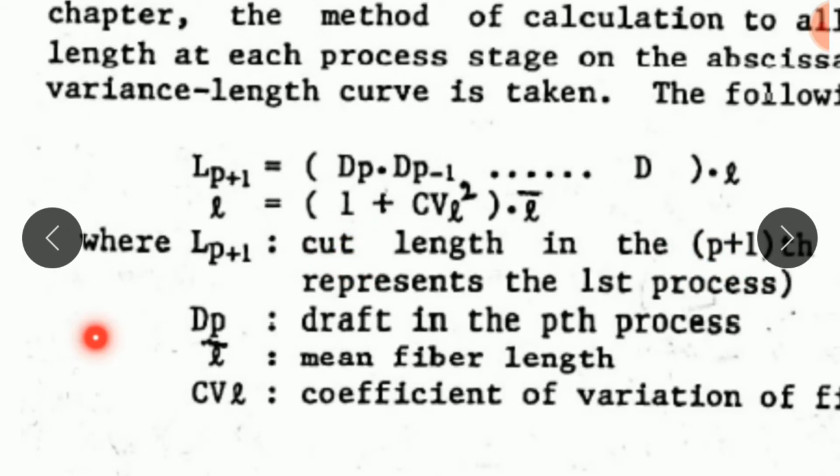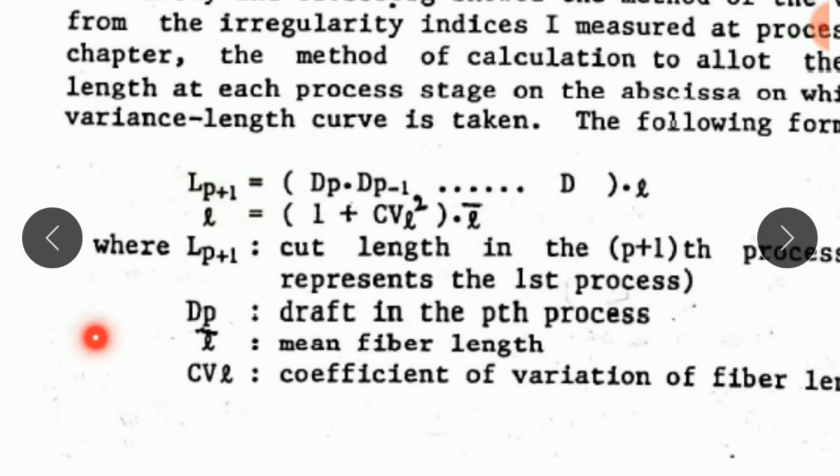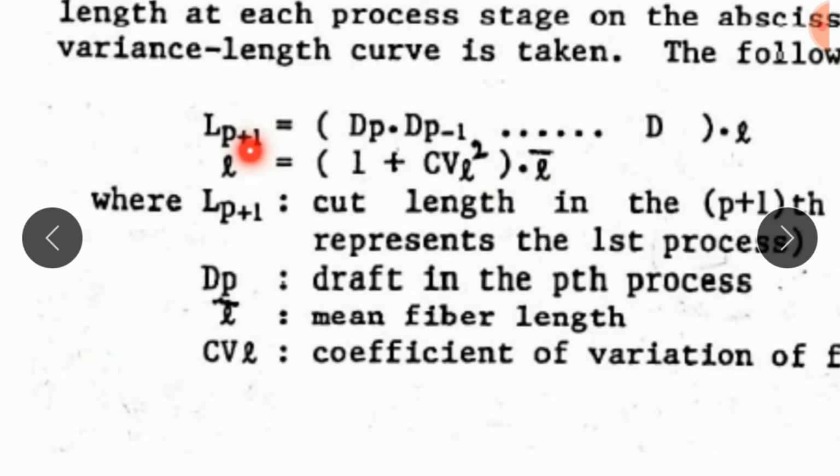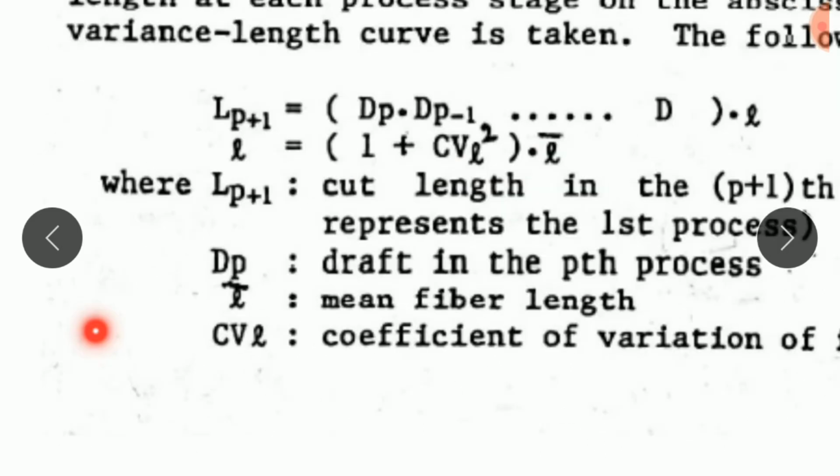So L(p+1) is equal to d(p) multiplied by d(p-1) and so on up to d1, multiplied by L, where L is equal to 1 plus CV_L squared multiplied by the initial length.